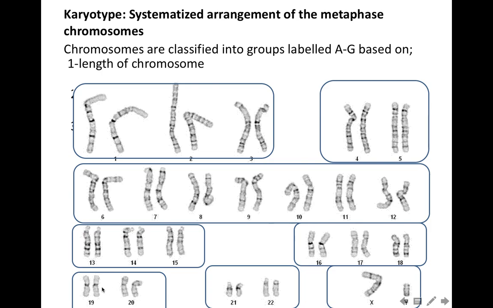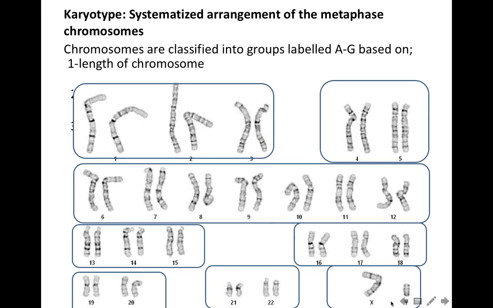This group here are also short, but the centromere is in the center position, so they are metacentric. And this group here are short and they are acrocentric. The 21 and 22 are acrocentric like this group, so they don't have short arm.